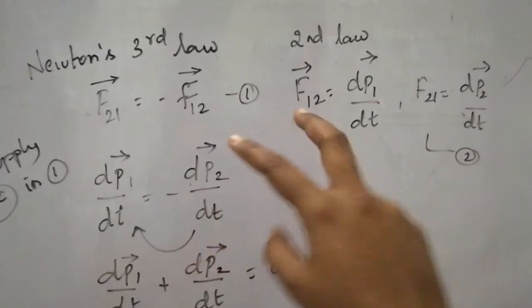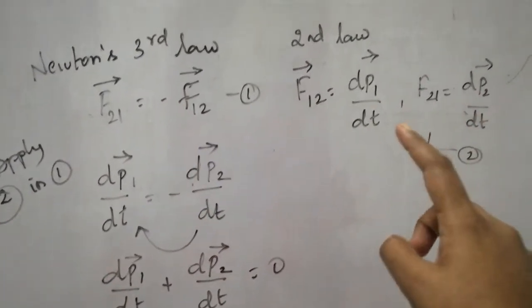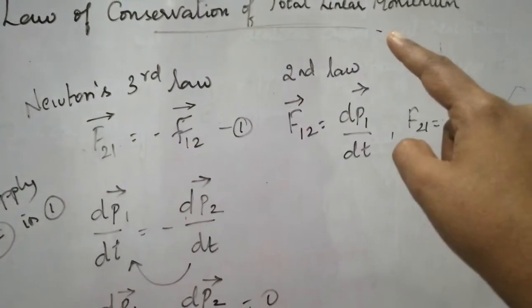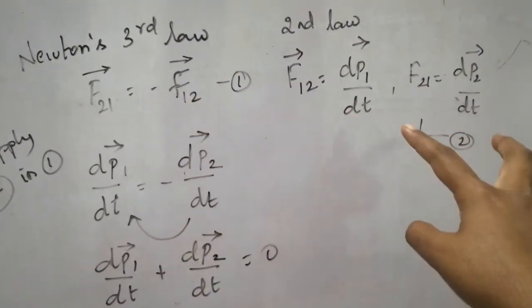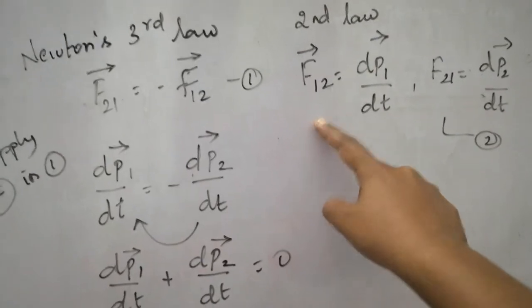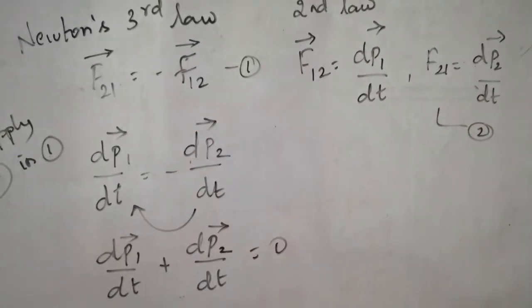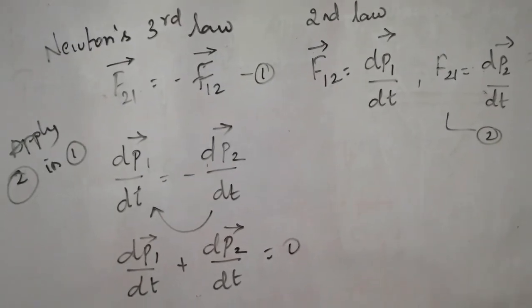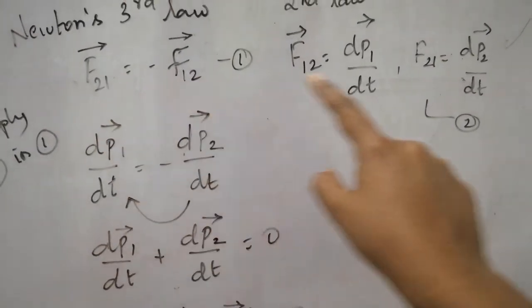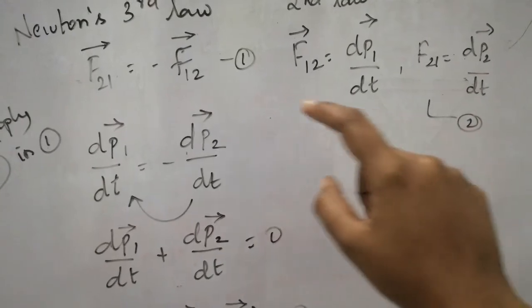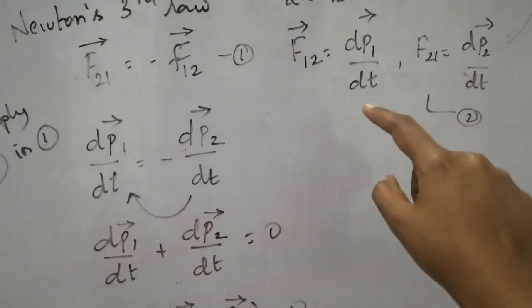With these two laws, we can relate them to obtain the conservation of linear momentum. You have the F12 and F21 values related to momentum, so use them in the third law. Apply 2 in 1. Instead of F21, write dp2 by dt, and F12 is dp1 by dt.